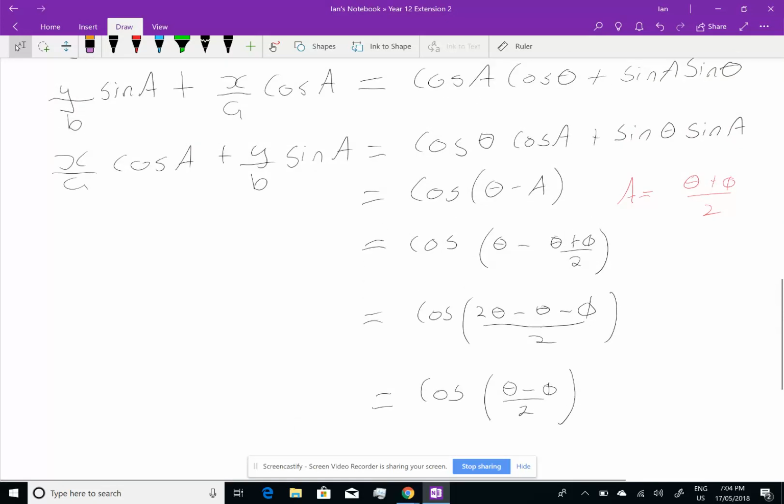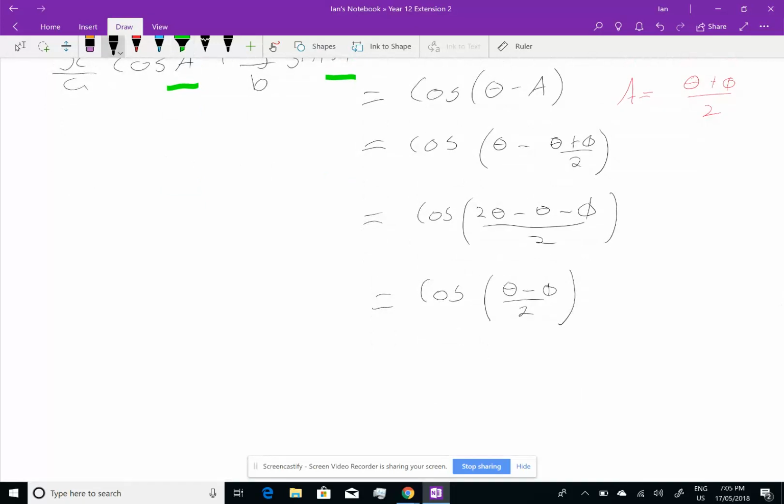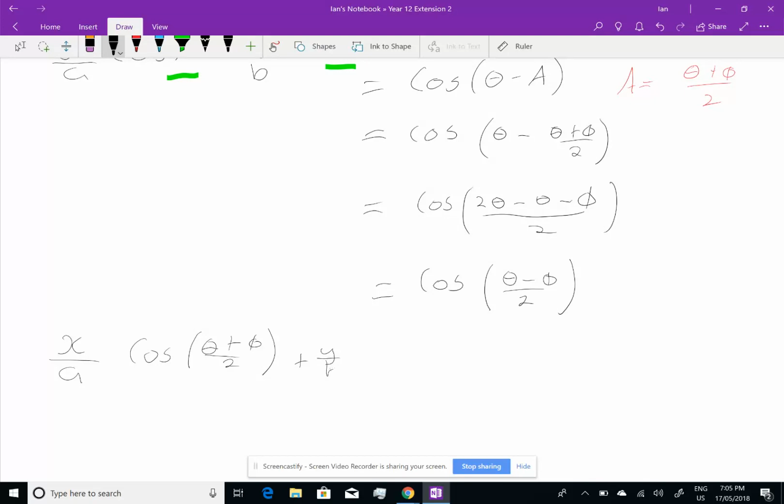If I also go here and put the things in for A there, so I go x on a cos of theta plus phi on 2 plus y on b sine of theta plus phi on 2 equals cos of theta minus phi on 2.